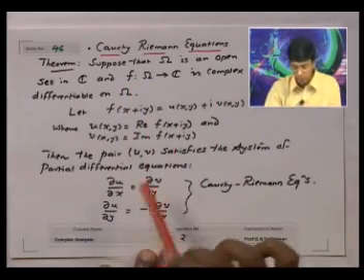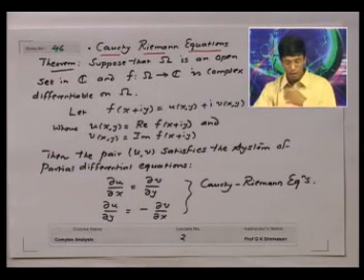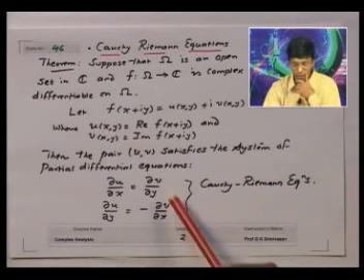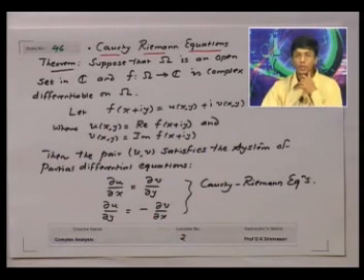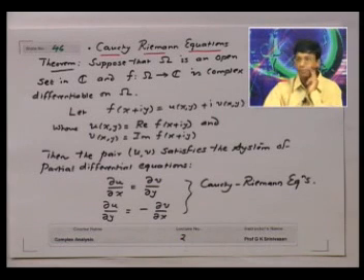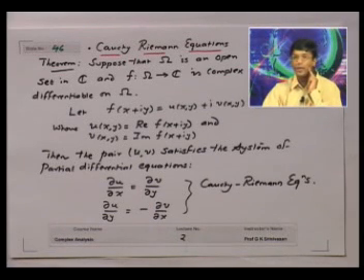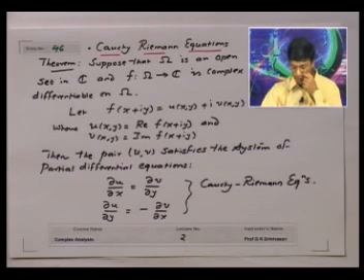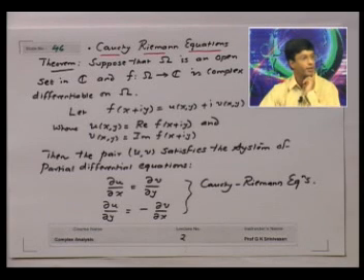Then it turns out that this u and the v must satisfy a coupled system of PDEs, del u by del x equal to del v by del y, del u by del y equal to minus del v by del x. This coupled system of PDEs is called the Cauchy-Riemann equations, pair of Cauchy-Riemann equations.